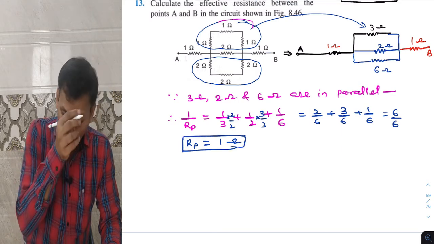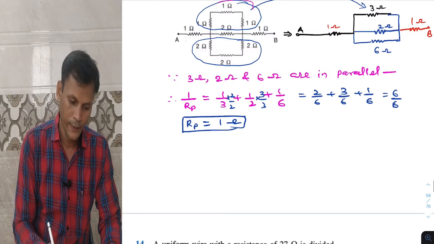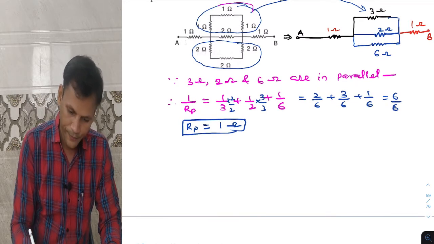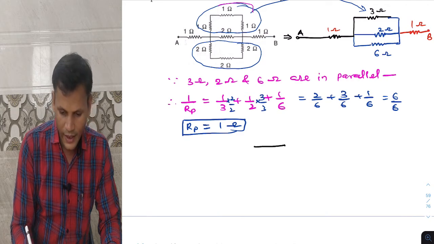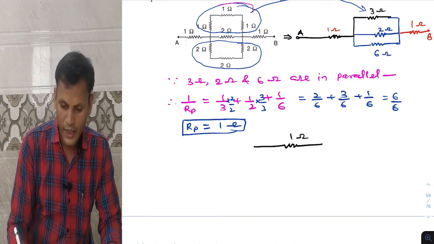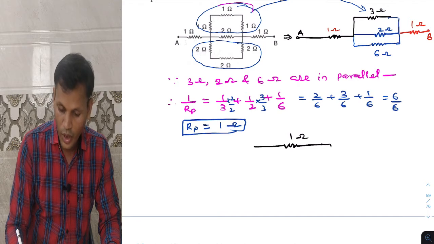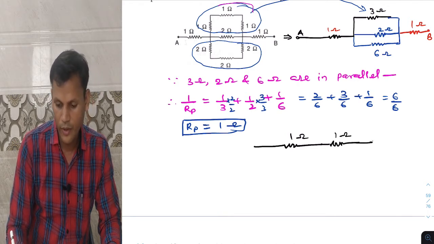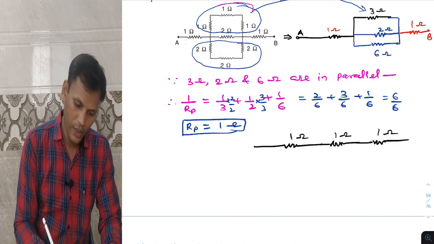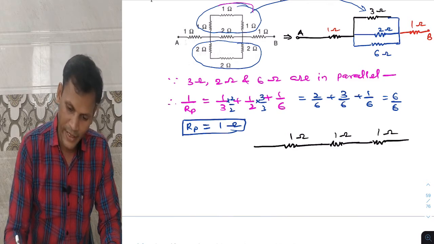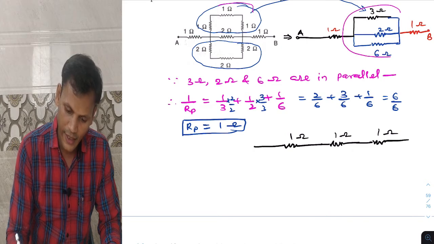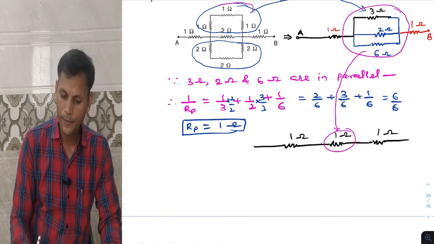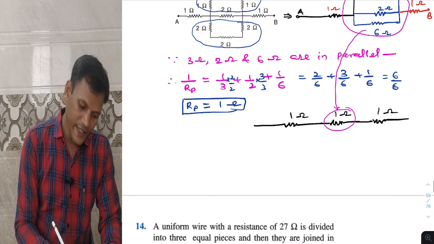Now this diagram we can draw like this. This is A, which is 1 ohm, and this entire part becomes 1 ohm, and this is already 1 ohm. So I will do one thing. I can say this entire part is 1 ohm. So all are in series now.